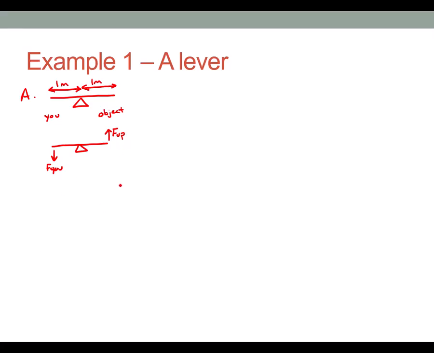And I guess I shouldn't write that as F upward. So let's erase that and fix it. Again, so you're going to apply a force downward, which is going to cause the object to move up. Right? So this end of the lever will move down, this end of the lever will move up.